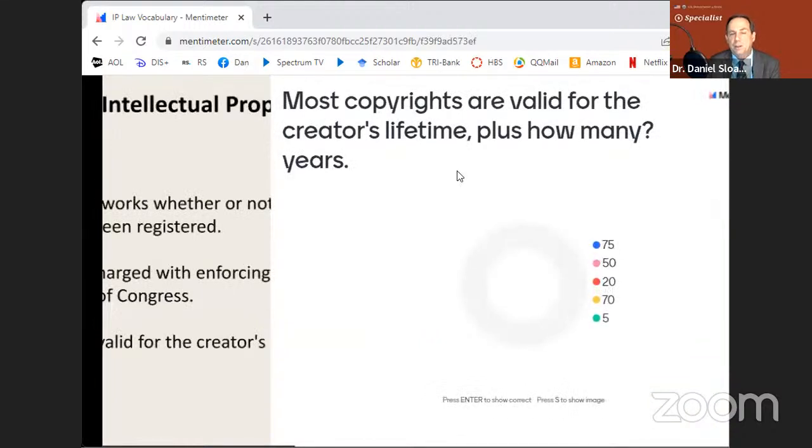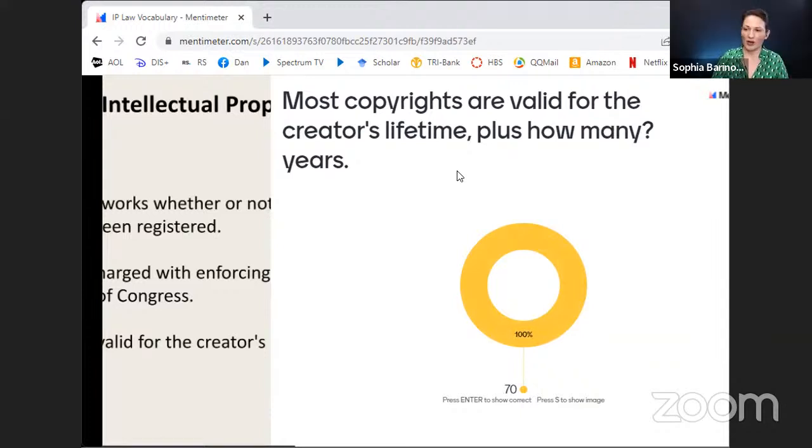So most copyrights are valid for the creator's lifetime plus how many years? Another question for you. Most copyrights are valid for the creator's lifetime plus how many years? And while there is a voting, I have a question over to you.